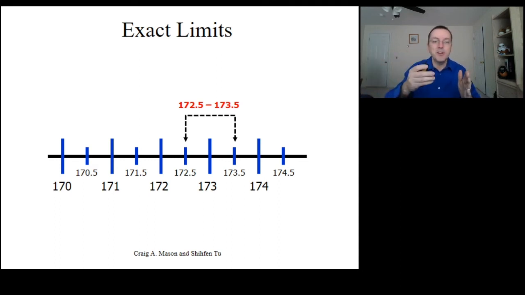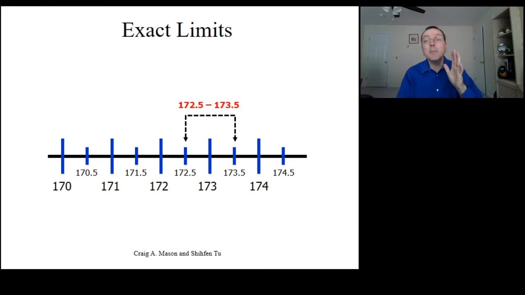You take 172.5 to 172.5000, and sooner or later it'll turn into 172.49999 something, in which case it's grouped with the 172s, or it ends up being 172.500001 something, and you group it with the 173s. Now, of course, you never have infinite precision, but we're just talking about this conceptually and theoretically.